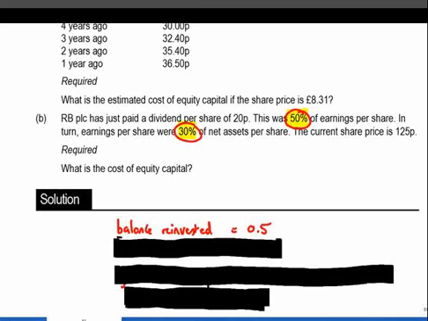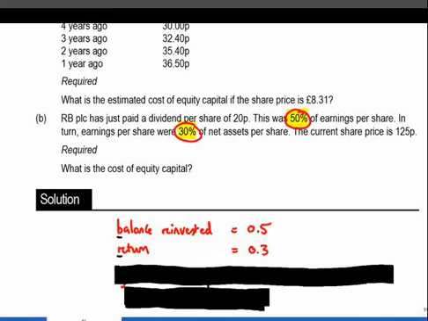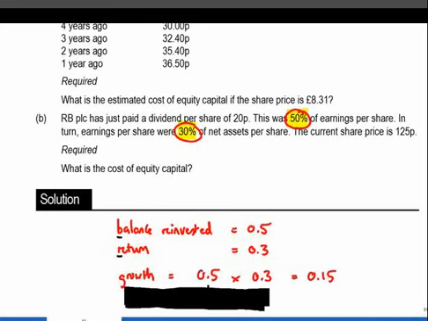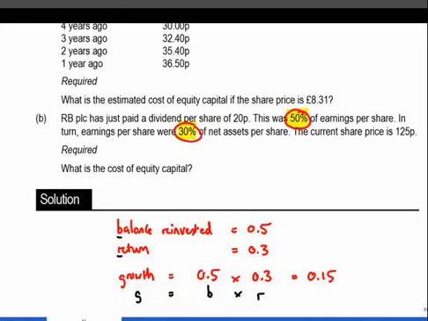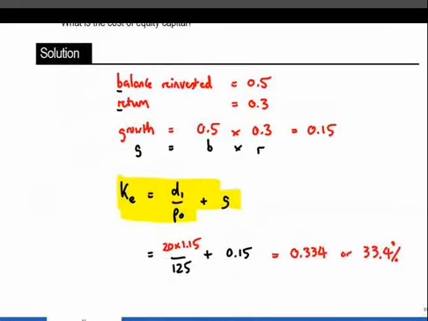And we can therefore estimate that the company, if it only grows because of this reinvestment, will have profits growth and therefore dividend growth of 15%. This is summarised in the formula B times R, where B is the balance reinvested and R is the return, and that is a formula that you need to learn. And then if we use the formula as before, inputting the share price and the dividend and the growth rate, then you should estimate the cost of equity to be 33.4%.